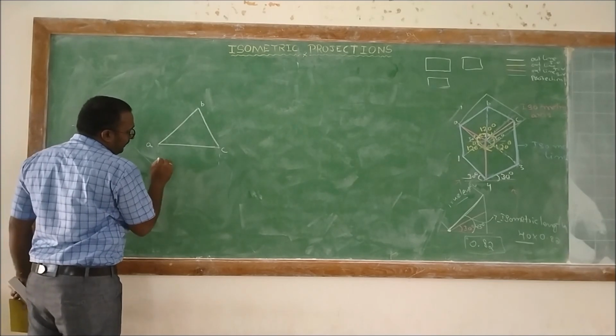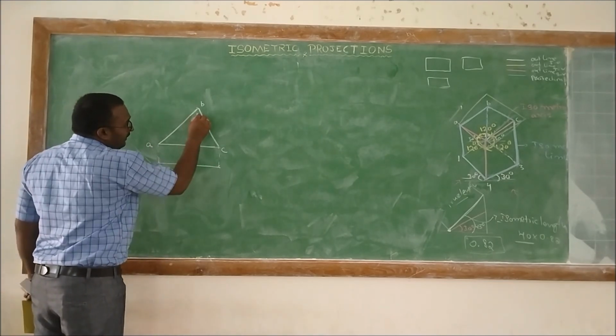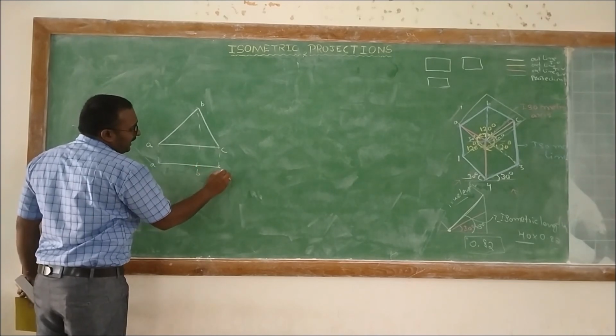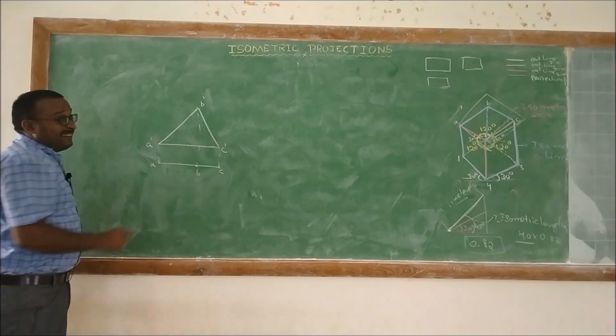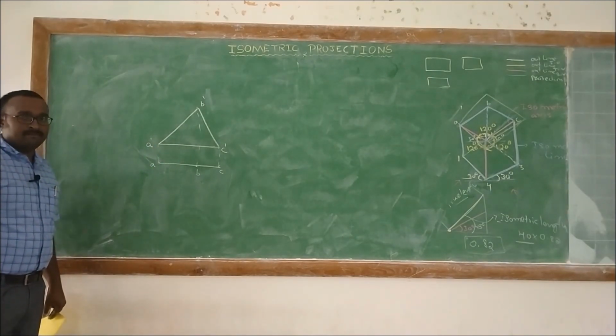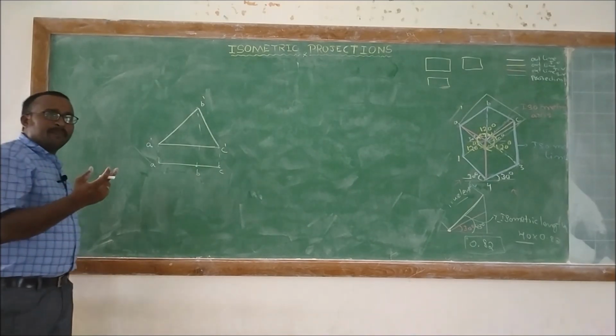Its top view will be a line. Here the points A, B and C will be there, right? So this is the given orthographic projection. We need to convert that into the front view, top view and side view.